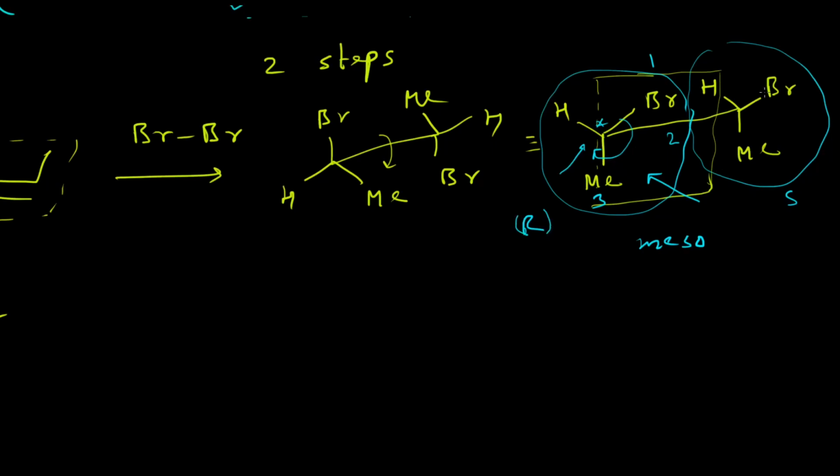And for this one, 1, 2, 3 is anti-clockwise if we look from this angle, and obviously it will be of S configuration. So you can see that this half is the enantiomeric form of this half.